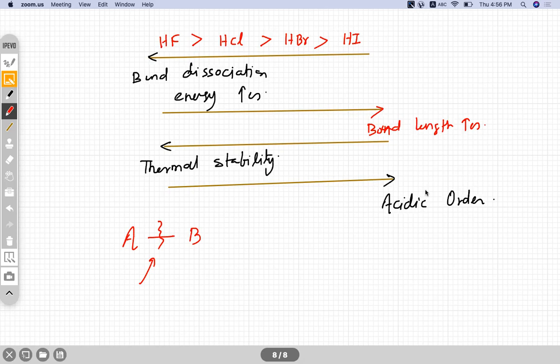Done? Understood this? No doubt. Could you tell me the reason behind this acidic order? I have discussed it.